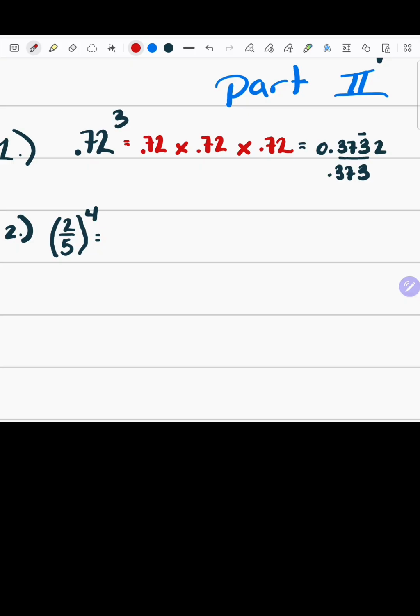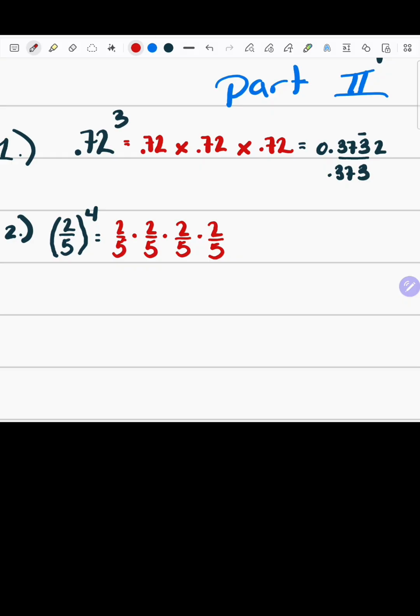That expanded form, 2/5 to the 4th power expanded, is 2/5, and we can use a dot here for times as well, times 2/5 times 2/5, 4 times. All right, now, coming from multiplying fractions, we talked about how you break down everything.